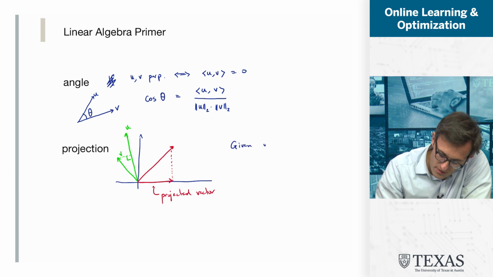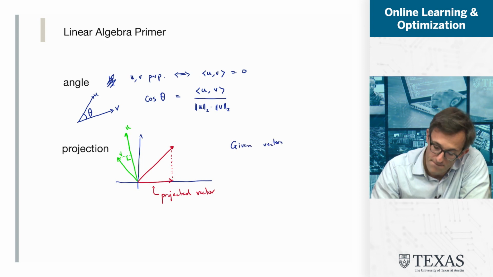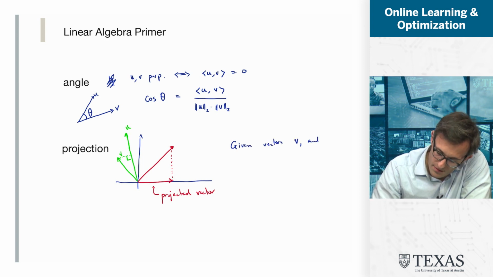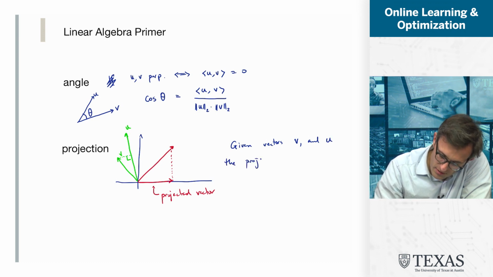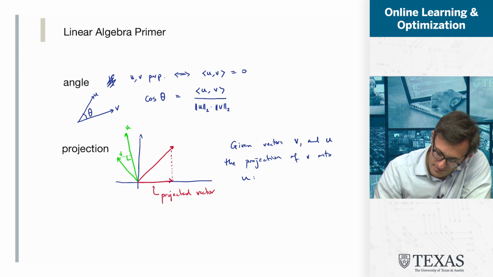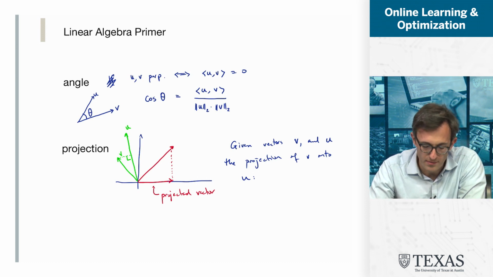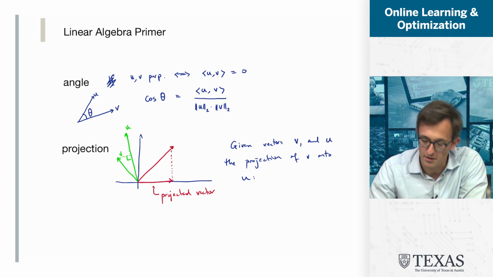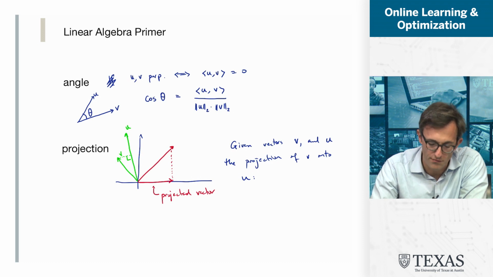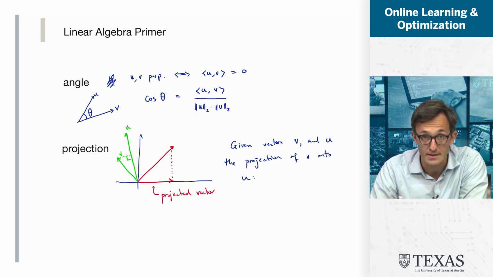Given vectors v and u, the projection of v onto u is given by, well, we know it's going to have to be somewhere on this line u. So it's going to be some multiple of this vector u. And the exact multiple is given by, again, the dot product.